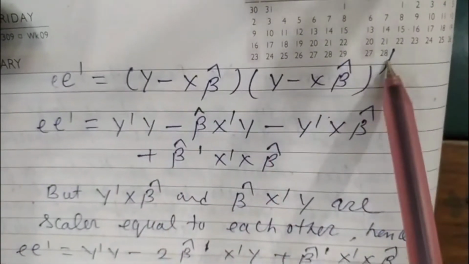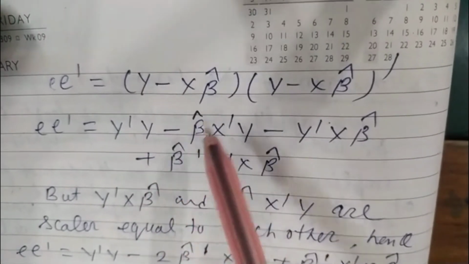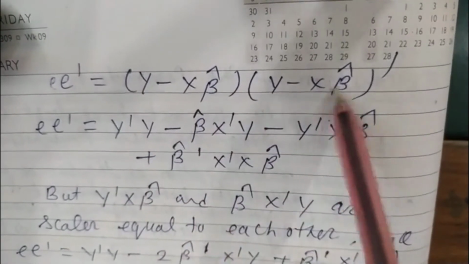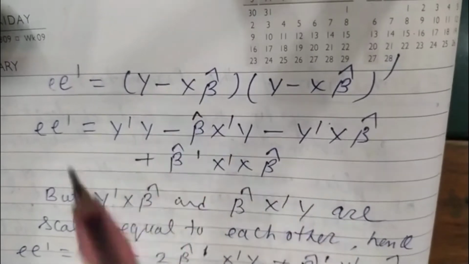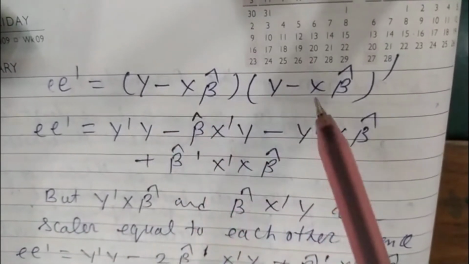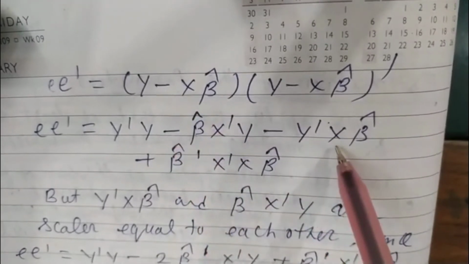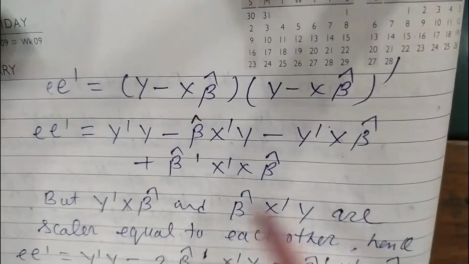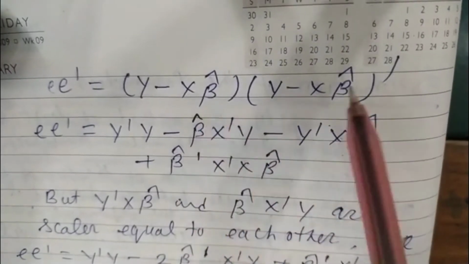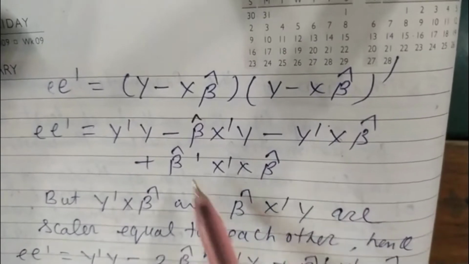Multiplying this one, we get y transpose y minus y transpose x estimated beta minus estimated beta transpose x transpose y, plus estimated beta transpose x transpose x estimated beta.